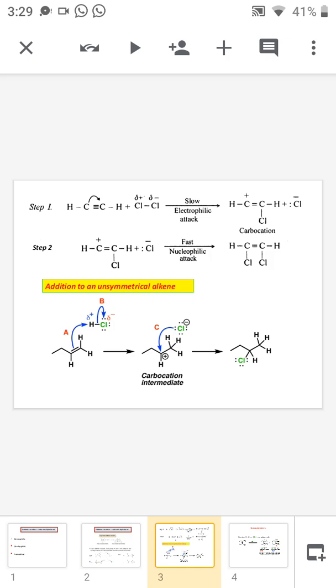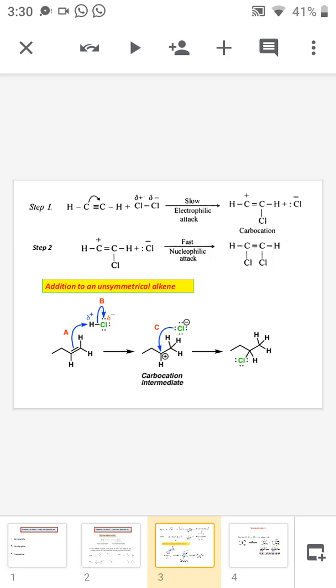So during the addition, first of all, the electrophile H plus is added to the multiple bond. Here a question arises: where will the H plus attack, either the carbon where both substituents are hydrogen, or the carbon in which one of the substituents is an alkyl group and the other one is hydrogen?